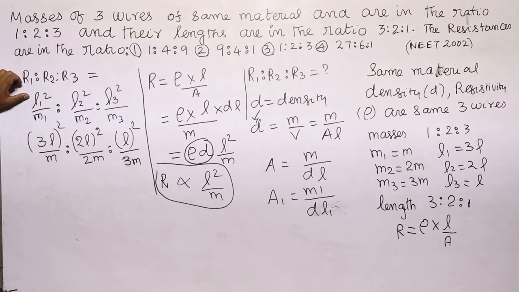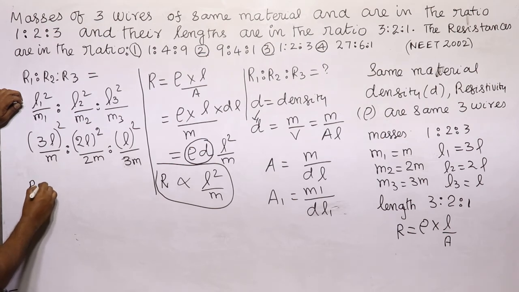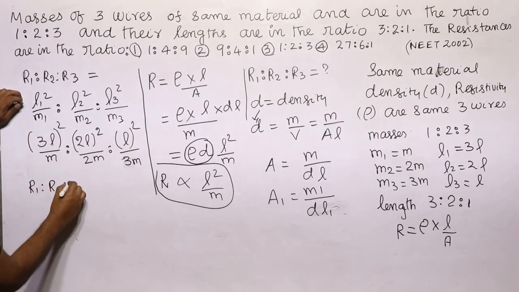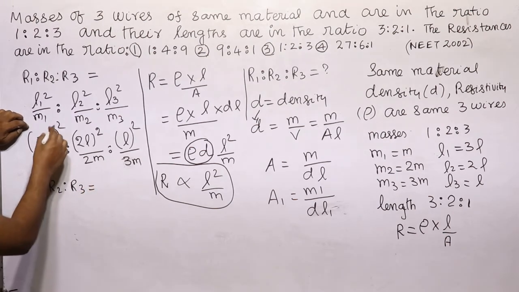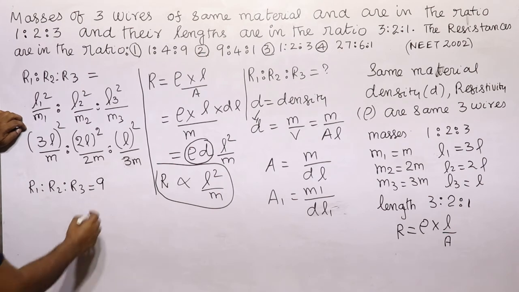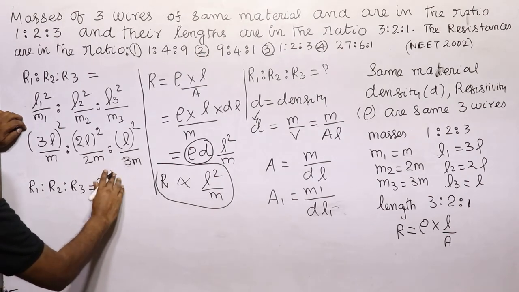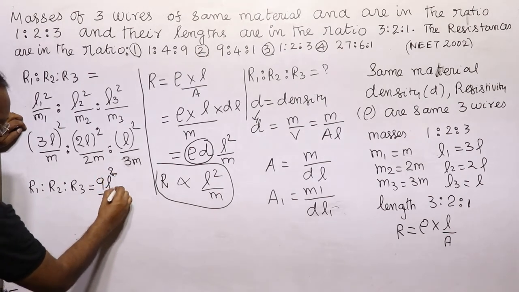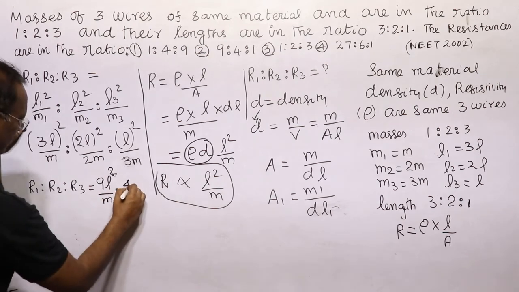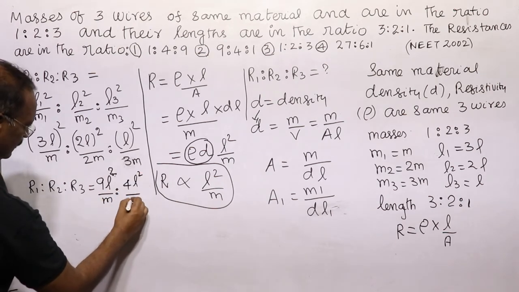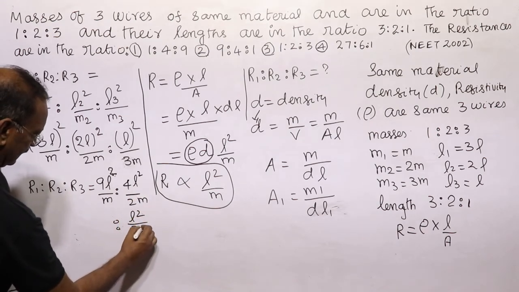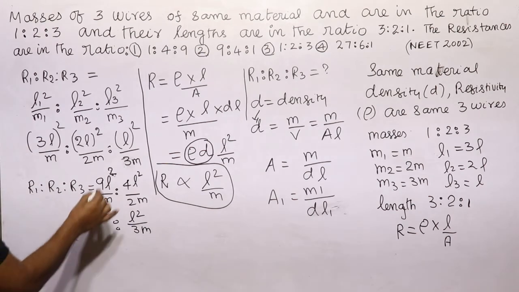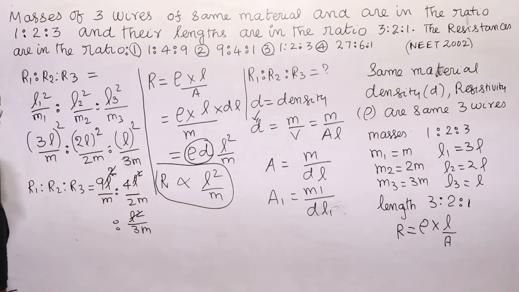Therefore, R1 is to R2 is to R3 is equal to 9L square by M is to 4L square by 2M is to L square by 3M. L square is common, so we cancel it out.